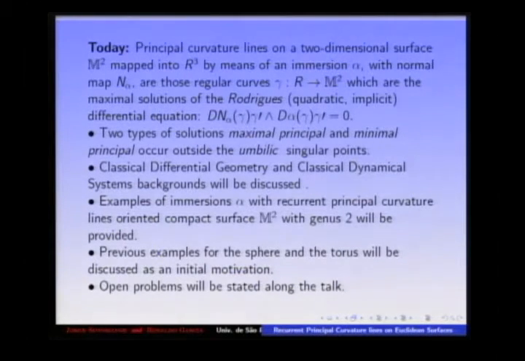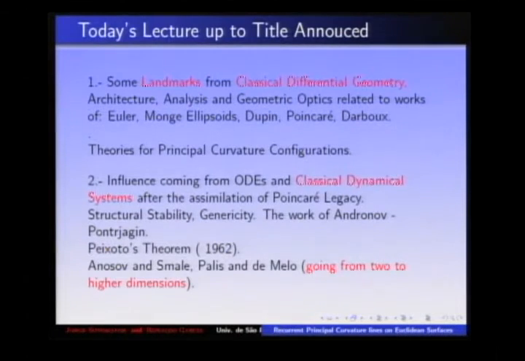Okay. I am now discussing the historical background concerning classical differential geometry and the motivation leading to the very definition of these principal direction lines. This background is concerned with great mathematicians of all time: Euler, Monge, Dupin, Poincaré, and Darboux. This is my starting point, to enter the subject more geometrically and historically.